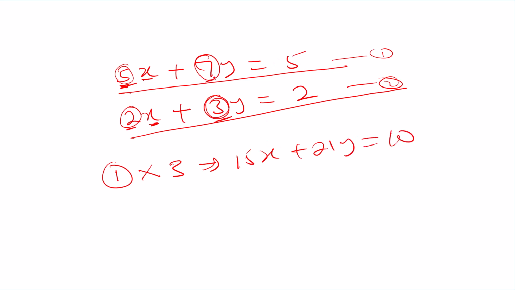Now let me use the 7 to multiply equation 2: I get 14x plus 21y equals 14. We have 21 and 21, and therefore we can eradicate y. I hope you understand. That's the idea of the elimination method.